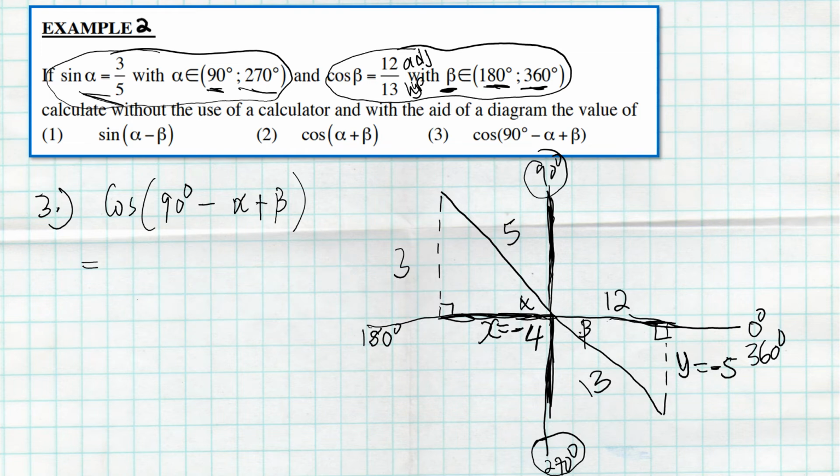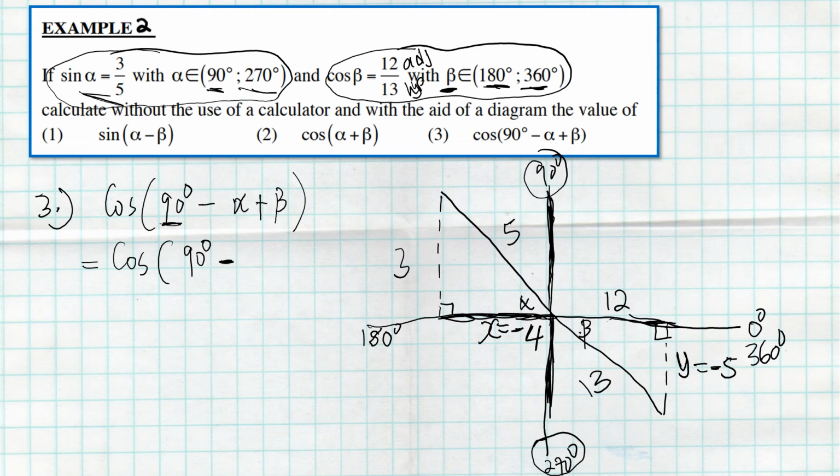The simple method here will be to change this using reduction formulas. Do you still remember reduction formulas about cofunctions, co-ratios, and all that, ways you can simplify and reduce this trig ratio? So how can I do this? We have 90 degrees, and we know 90 degrees can change cos into sine, but we need to write it in a proper way before we change it.